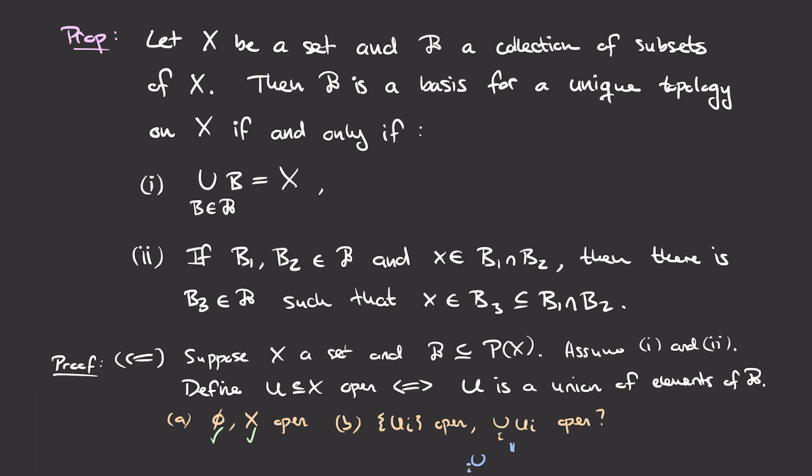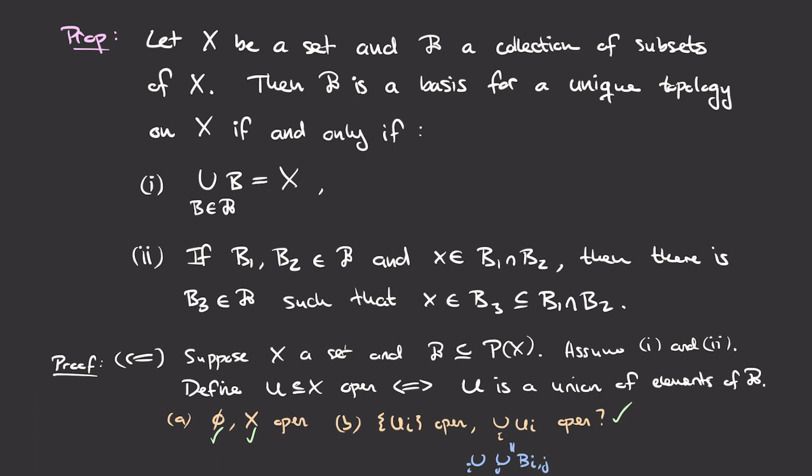It's a union over each U_i, and these are themselves unions over some B_ij. So we have some double union over basis elements, and this is equal to this union over the U_i. Okay, but this shows that this union over the U_i is again a union over basis elements, so it itself is again open according to our definition. So this question mark is in fact true, and we've shown that the union over arbitrary open sets is again open.